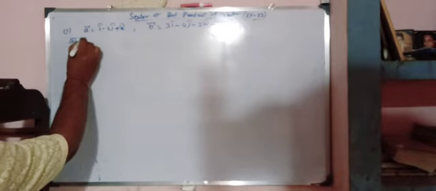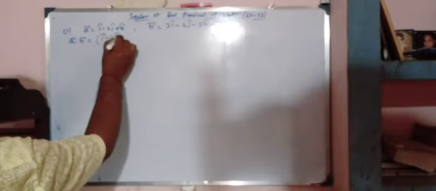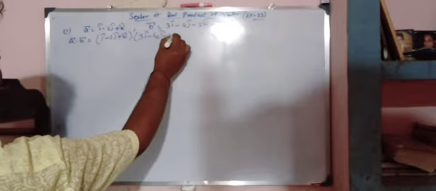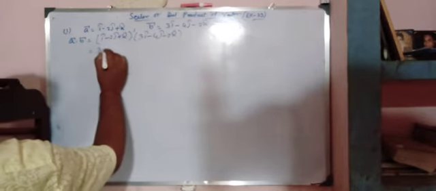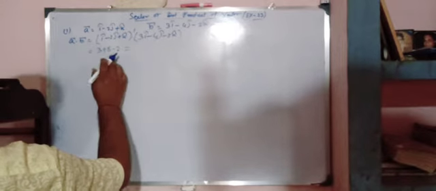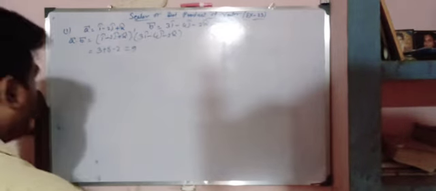Okay, we have to find A dot B. So A dot B is equal to I cap minus 2 j cap plus k cap dot 3 I cap minus 4 j cap minus 2 k cap. Okay, 1 dot 3, that is 3. Minus 2 dot minus 4, that is plus 8. 1 dot minus 2, that is minus 2. So this is equal to 9. So 9 will be my answer. Understood that?